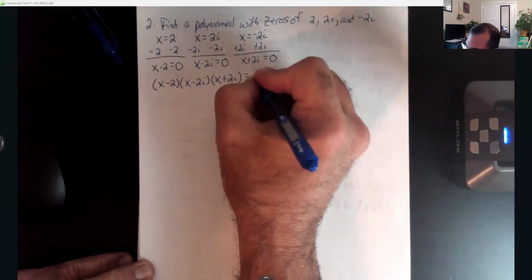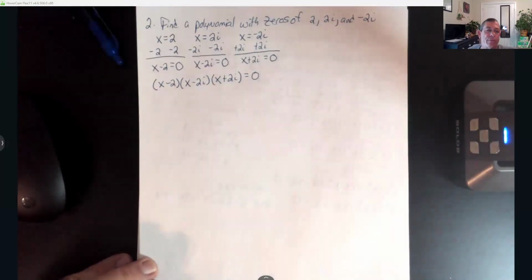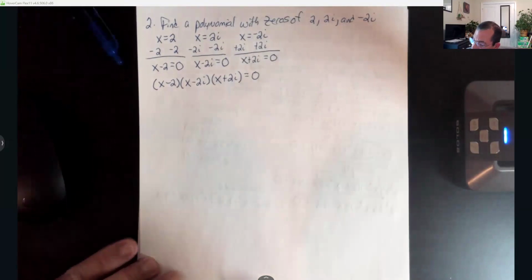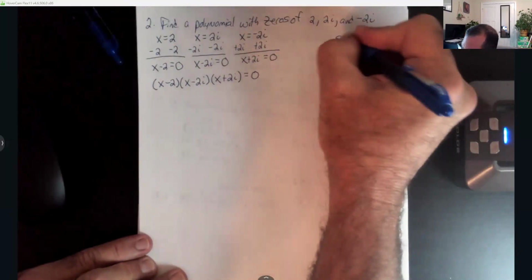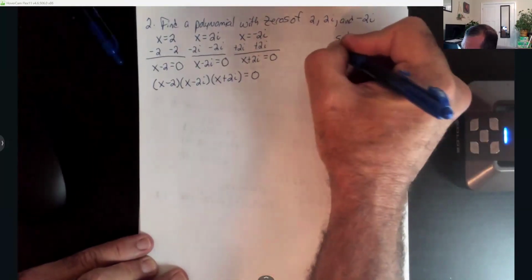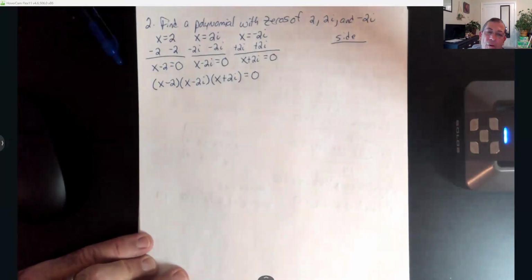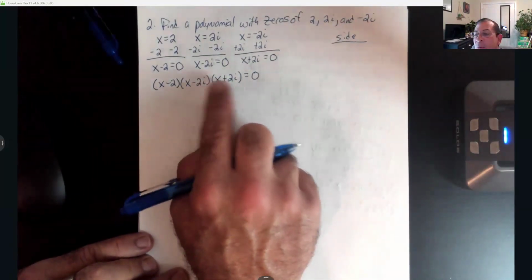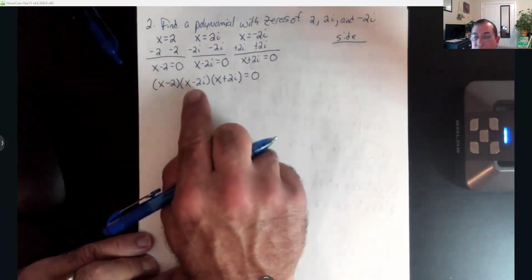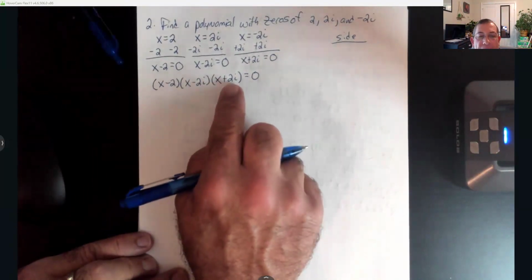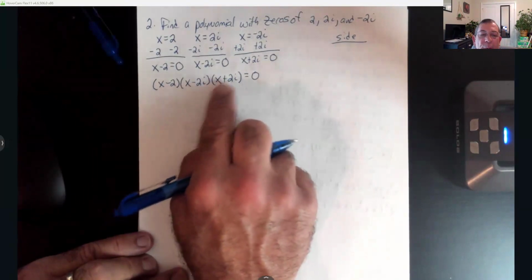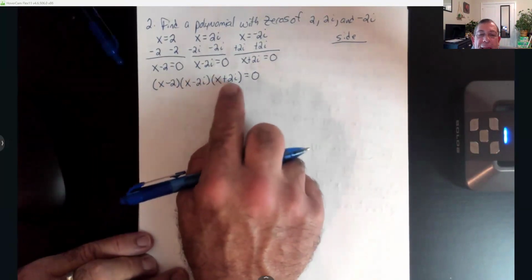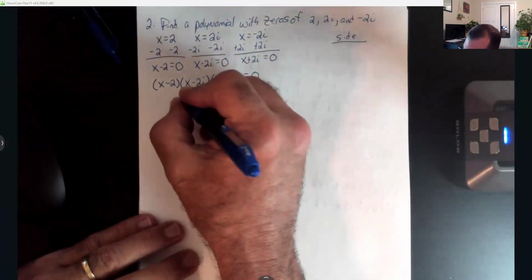All of that equal to 0. So let me get my side work ready. Y'all, when I got imaginary stuff, and these are actually what you call conjugate pairs. X minus 2i, x plus 2i. Conjugate pairs look the same other than the adding and subtracting.